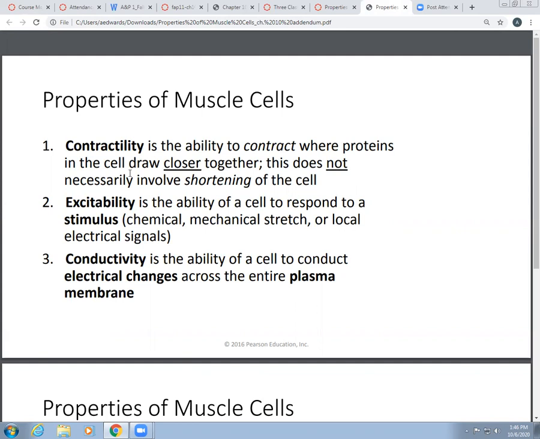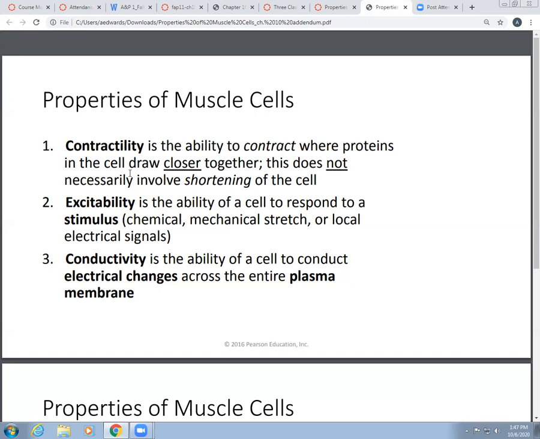Excitability is another property of muscle cells. Excitability just means that the cell can respond to a stimulus.